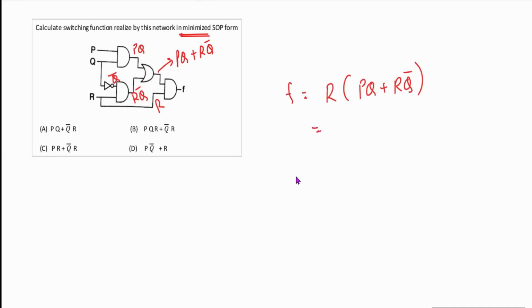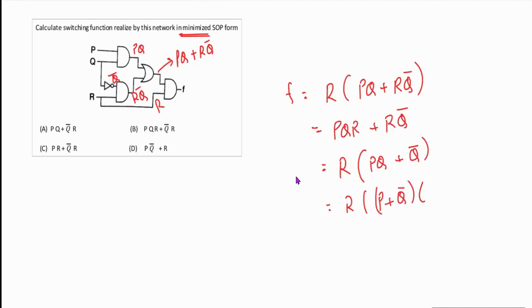If you open this bracket, you will get PQR plus R into R, that is R into Q bar. If you take R common, that is R into PQ plus Q bar, and if you simplify it further, that will be P plus Q bar and Q plus Q bar.